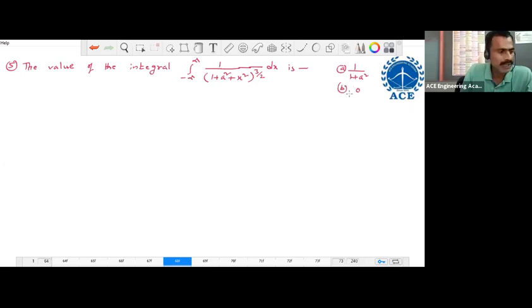Option B, 0. Option C, 2 by 1 plus a square. Option D, 1 by (1 plus a square) whole power 3 by 2.